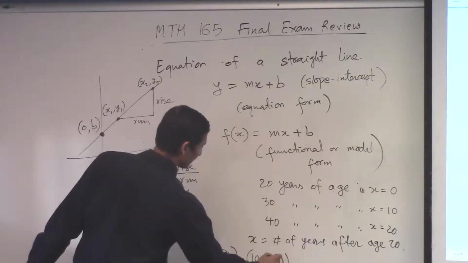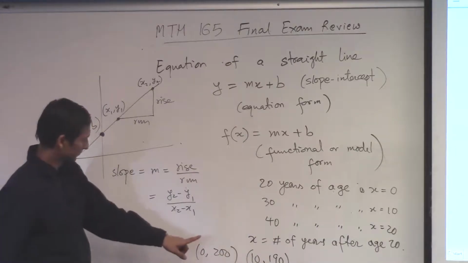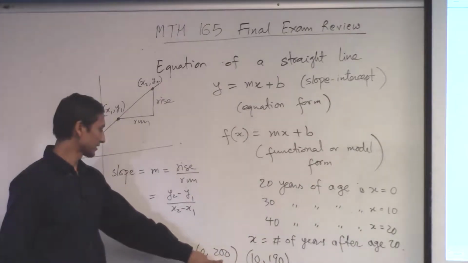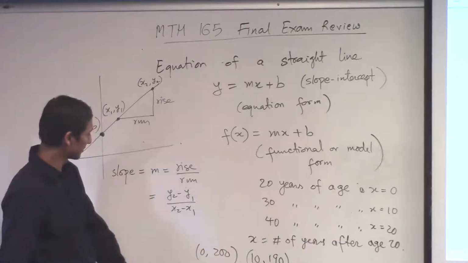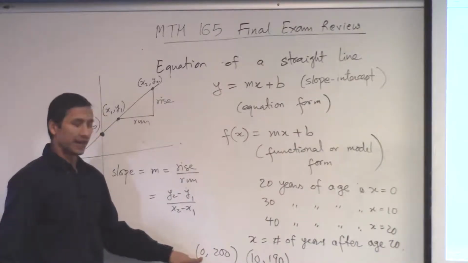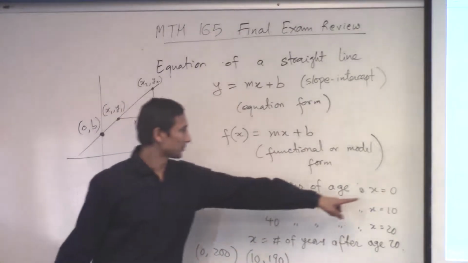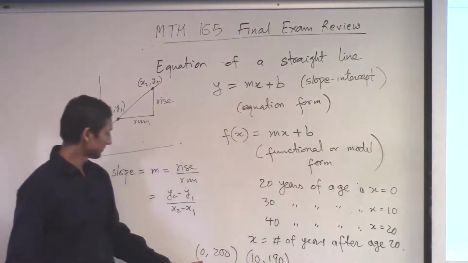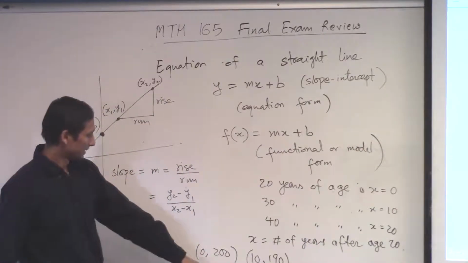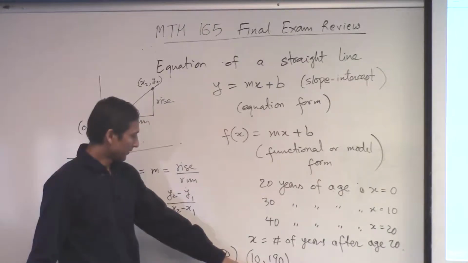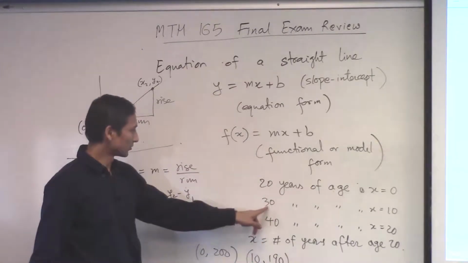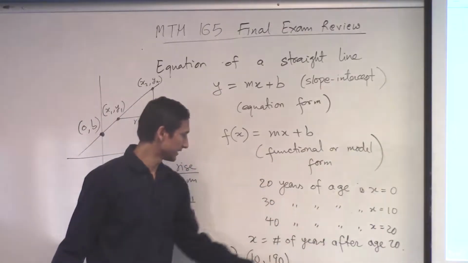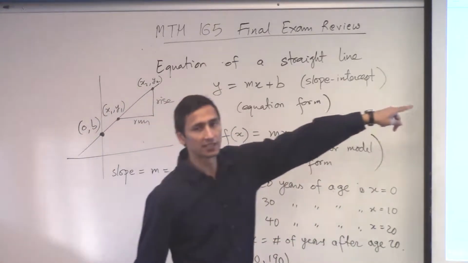The maximum recommended heart rate for x equals 0, which corresponds to 20 years of age, is 200. The maximum heart rate for x equals 10, which corresponds to 30 years of age, is 190 according to this chart.